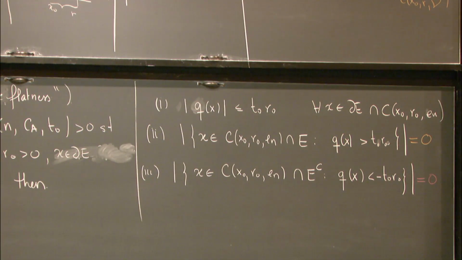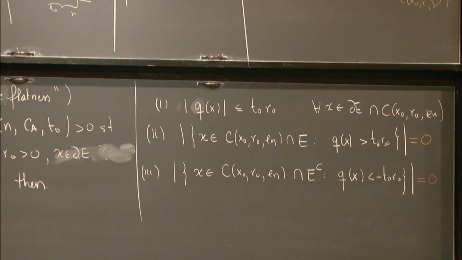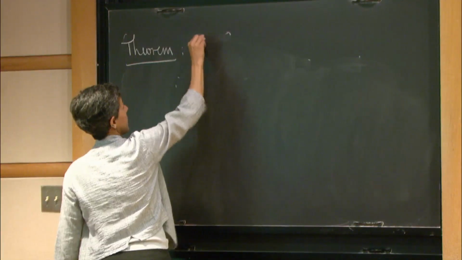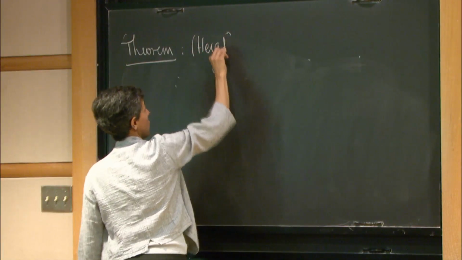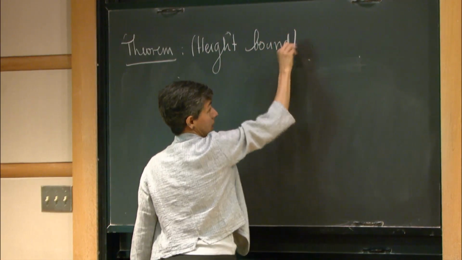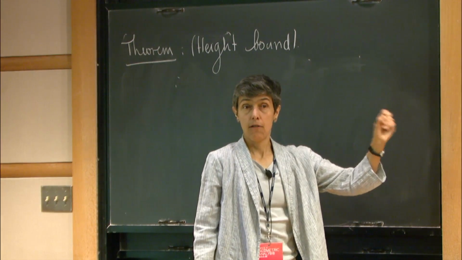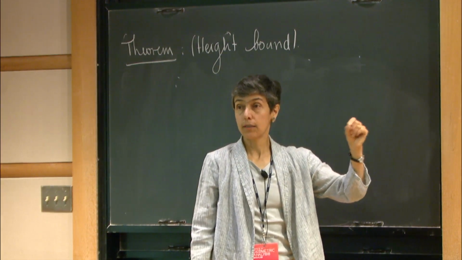And I am actually interested in knowing exactly how flat this is, how tall this is. And that's what this tells us, height bound. What this should really say is that small excess implies flatness in a quantitative way.